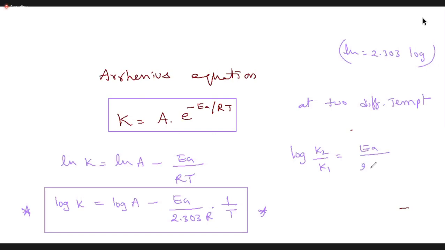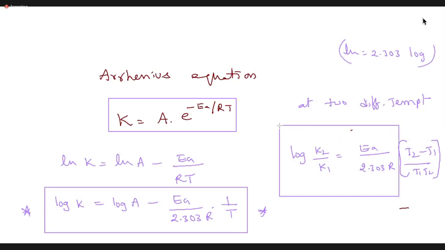So log K2 by K1 equals EA by 2.303 R into T2 minus T1 by T1 into T2. This equation will come. Based on this you will get problems. These two formulas are very, very important. Is it clear? Yes, sir.